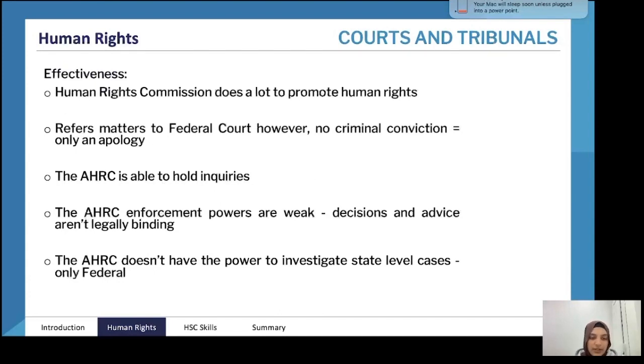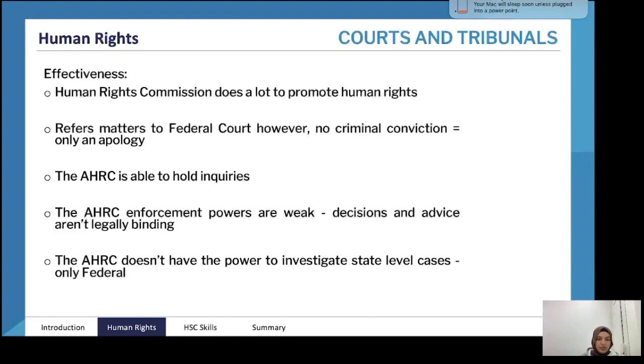What is the effectiveness of this? We know that the Human Rights Commission actually does a lot to promote human rights. They refer matters to federal courts. However, if there is no criminal conviction, it's solely an apology. So that's an area that needs to be improved.